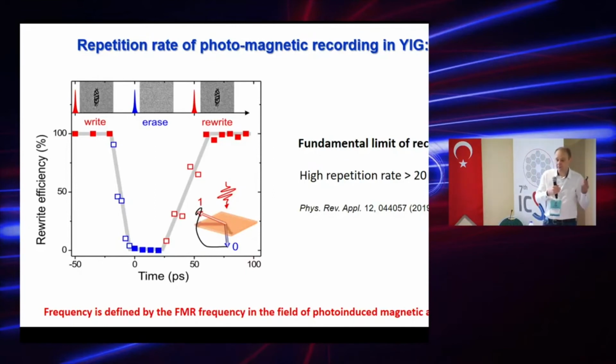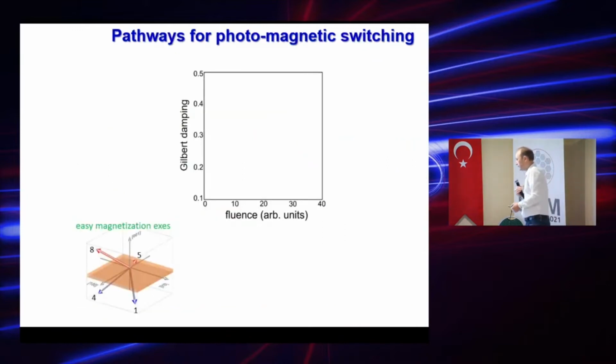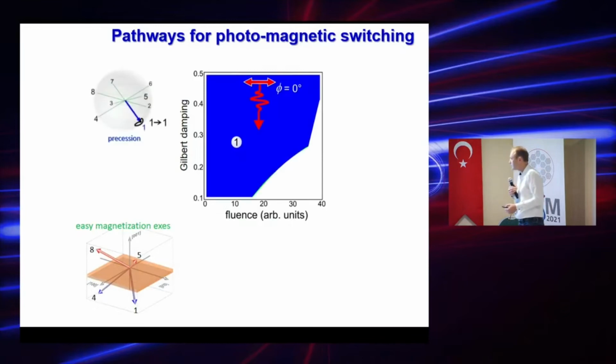Of course, this frequency depends on the magnetocrystalline anisotropy. In this case, we demonstrate the workspace of the parameters. If you change the Gilbert damping, you can see in this 3D diagram the dependence on the Gilbert damping and the fluence from the modeling.